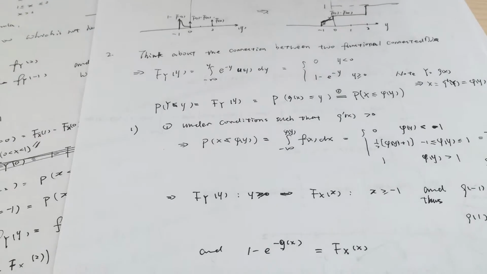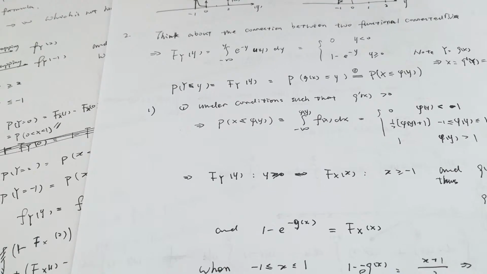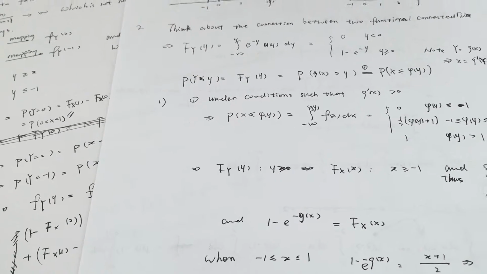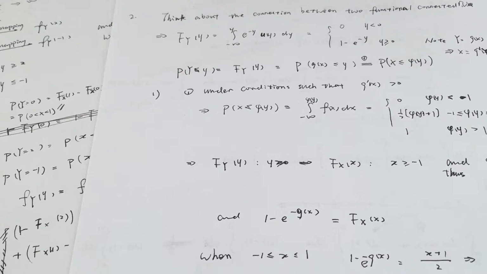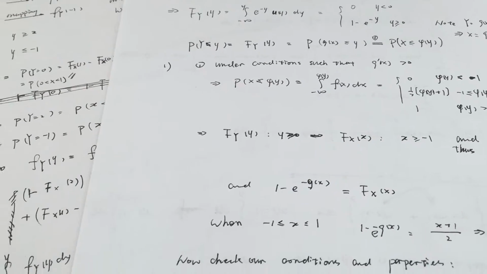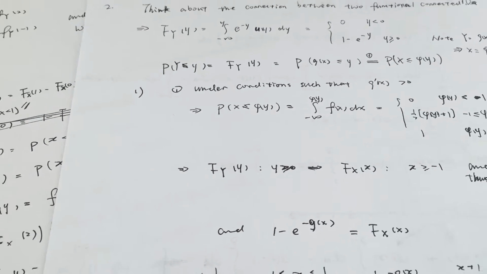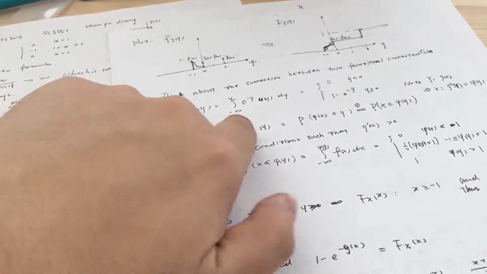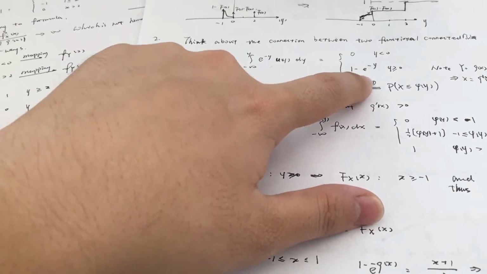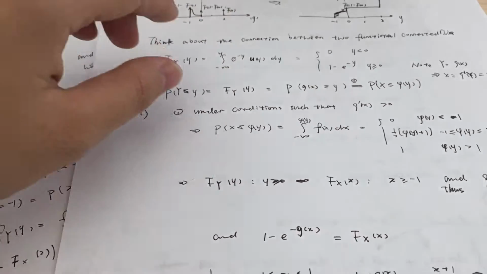The fundamental theorem's basic idea is that in the same intervals of a mapping, they have the same probability. So first we write the capital F_Y, which is an integral, and it is easily calculated as 1 minus e to the power of minus y.